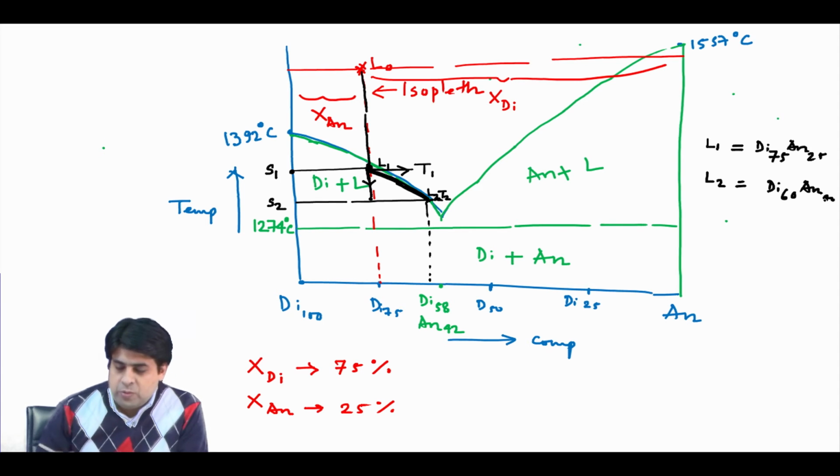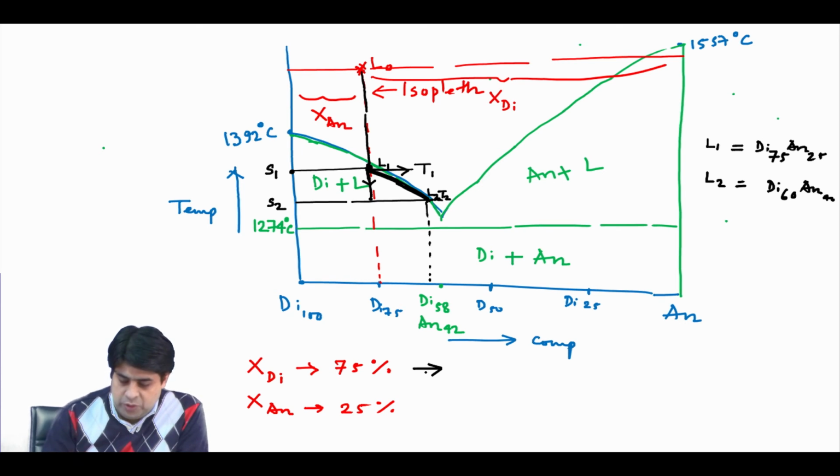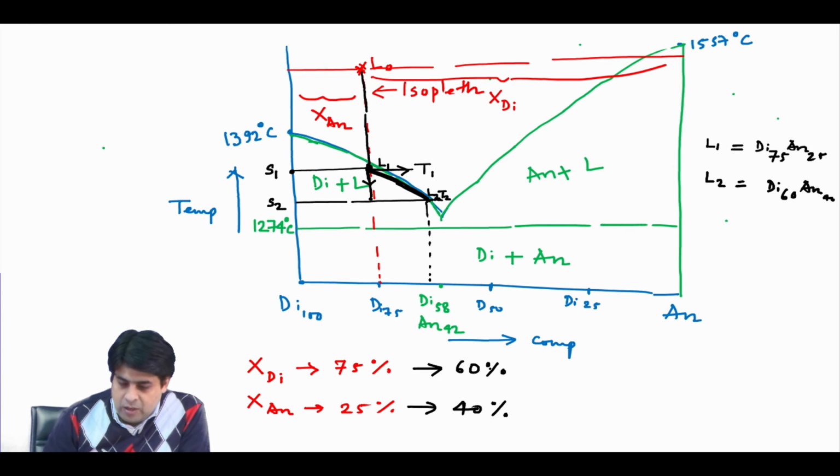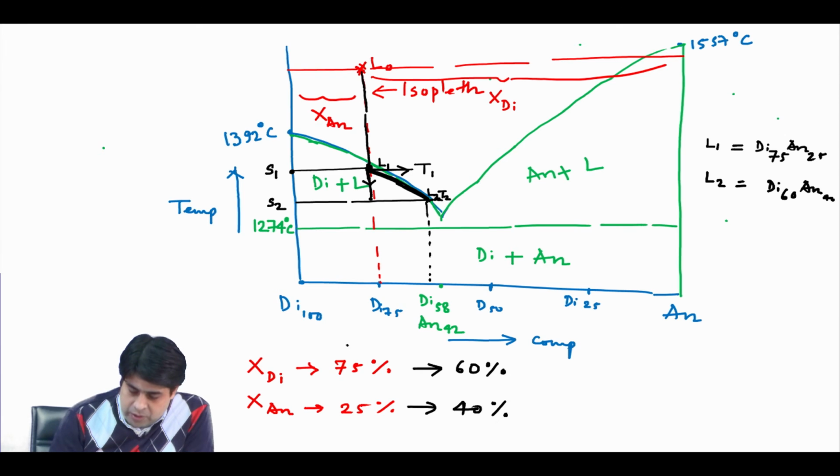So the initial liquid composition changes from 75% diopside to 60% diopside and 40% anorthite when you move from L0 to L2. L1 has the same composition as L0, and here is the L2 composition.